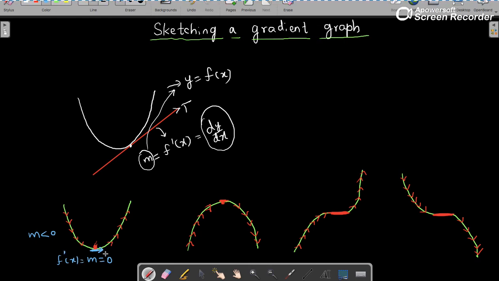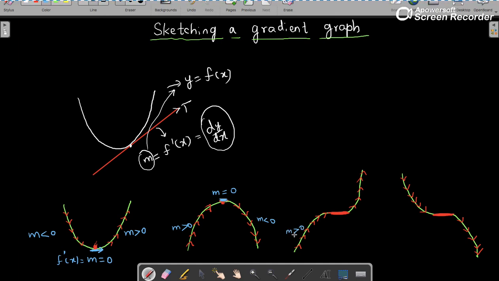After this it is increasing, so obviously the slope would be positive. And here, increasing curve, slope positive, pausing for a while, slope zero, and decreasing, slope negative.